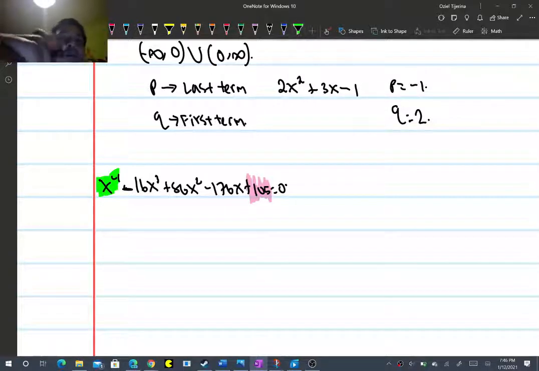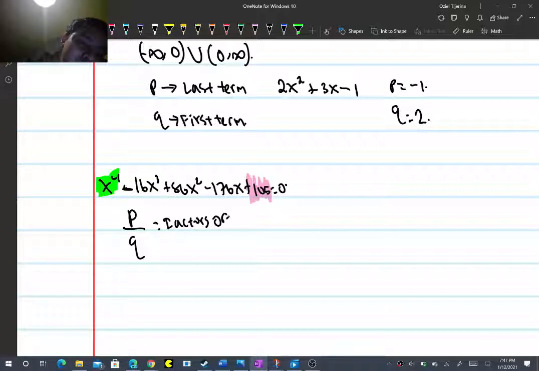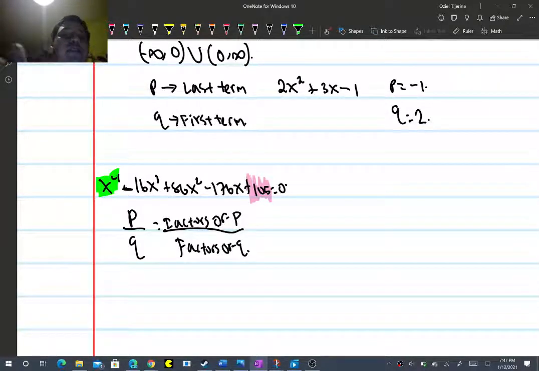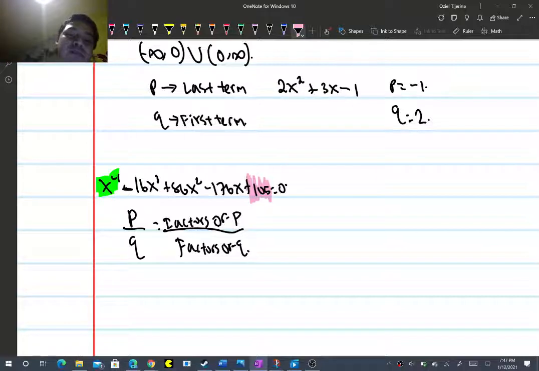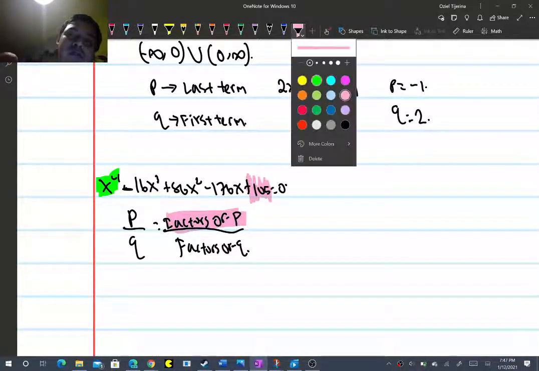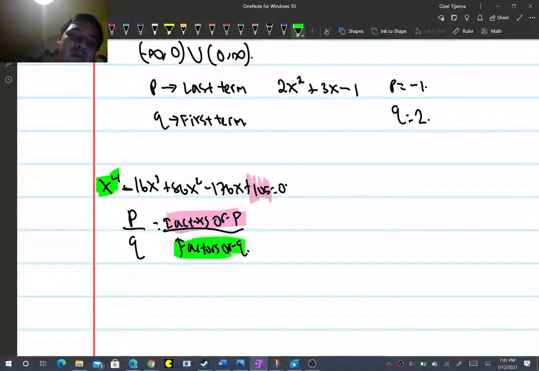We're going to say P over Q. This is factors of P over factors of Q, okay? So this one is going to be factors of P, and then this one is going to be factors of Q, okay?